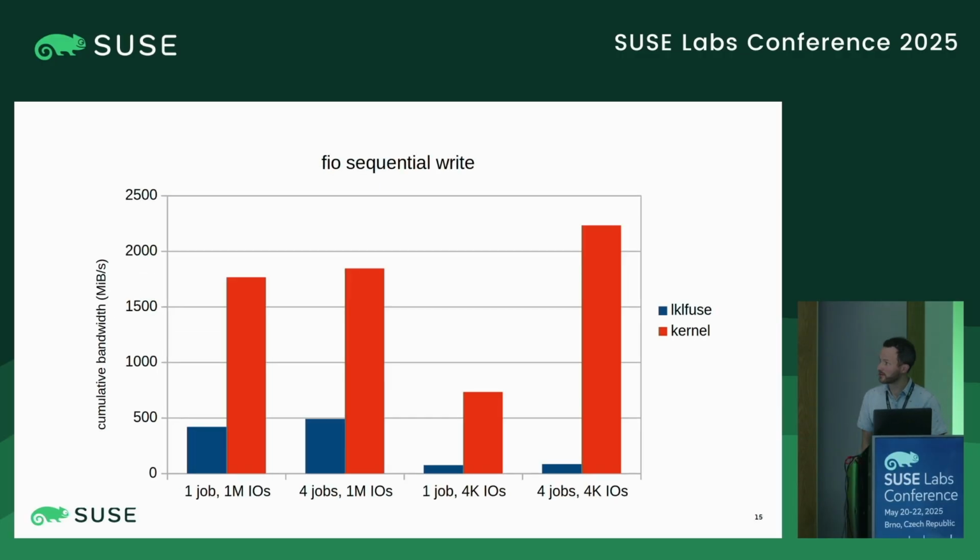One thing to note with sequential IO is that we're probably also seeing the behavior of merging of requests at the block layer. So that may explain why I'm seeing such high throughput for the 4K write on the kernel with 4 jobs.